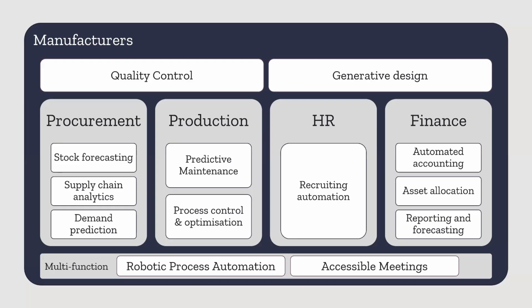So to recap on the use cases, AI and machine learning can be used to help with quality control, generative design, help you understand when there might be problems with your system so that you can get repair people out sooner before a significant failure happens, but also be able to streamline your processes so that you have to do less overall maintenance and do maintenance at the right time so that your costs come down.